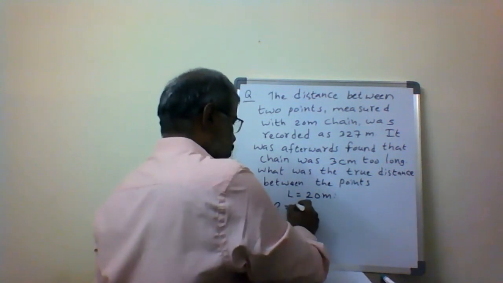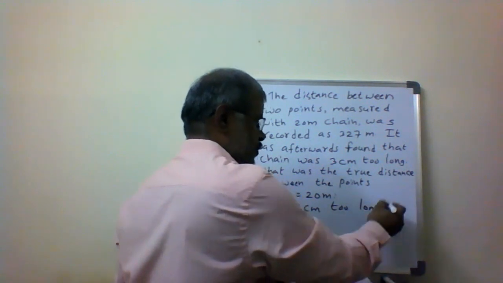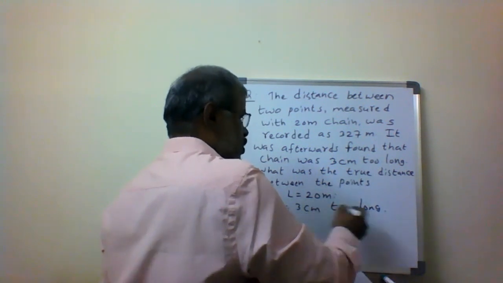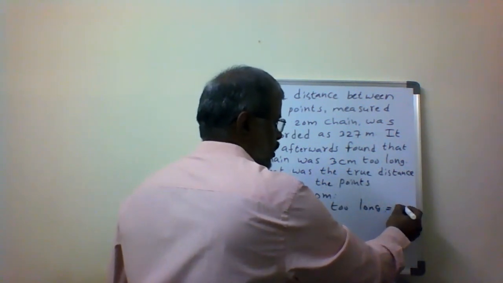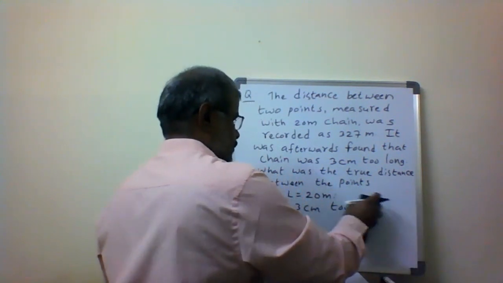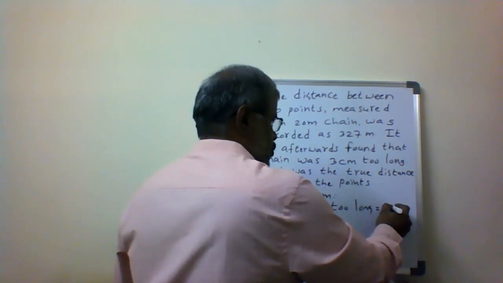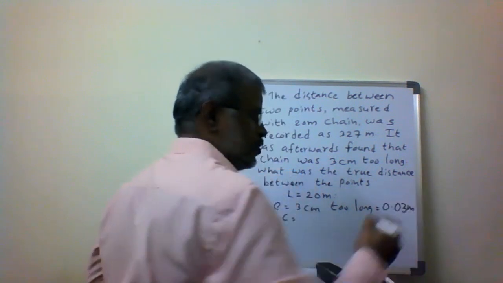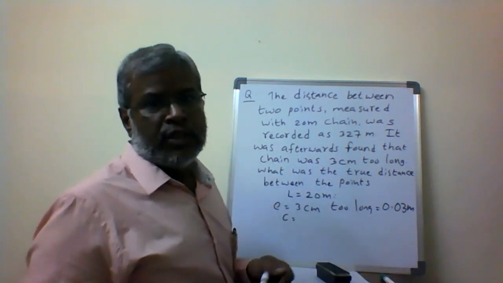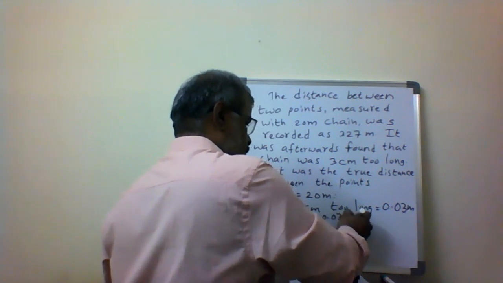So the error is 3 centimeters too long. Correction equals 3 centimeters, which we write as 0.03 meters. Since the chain is too long, the correction is going to be positive, so plus 0.03 meters.